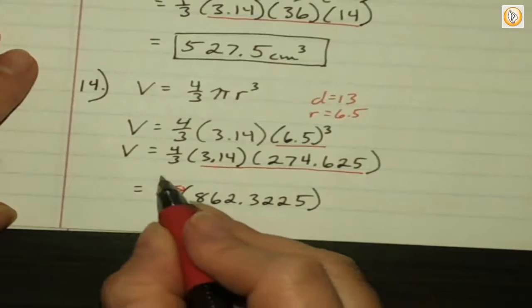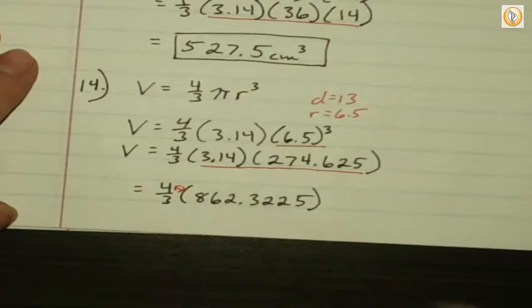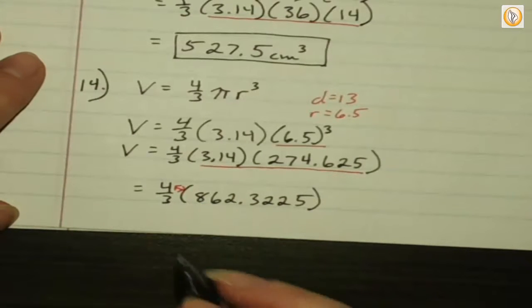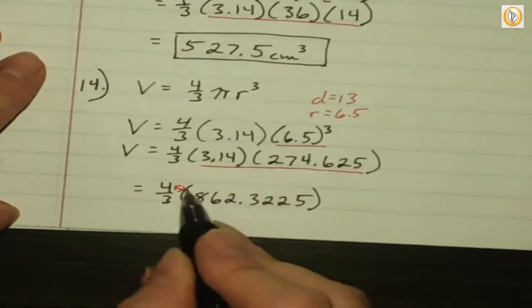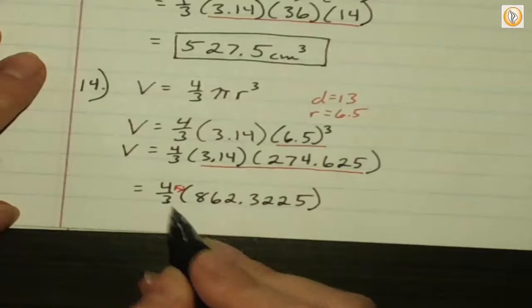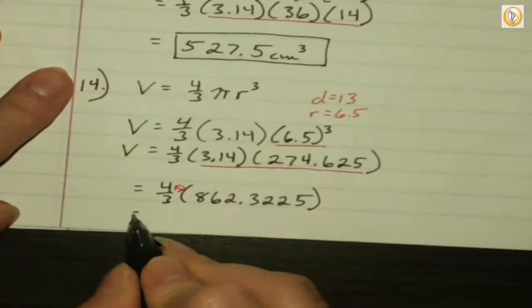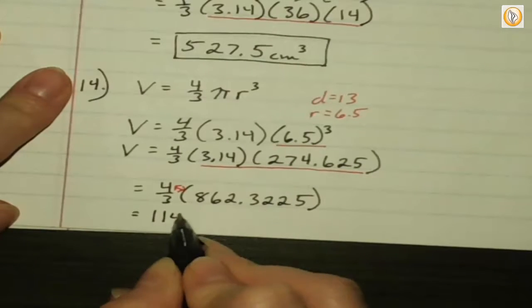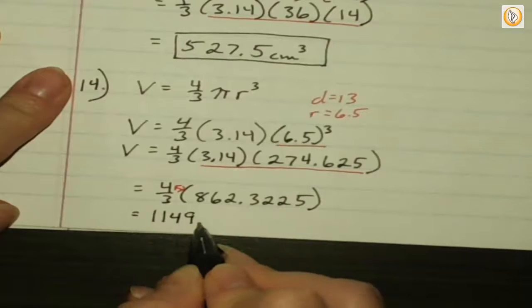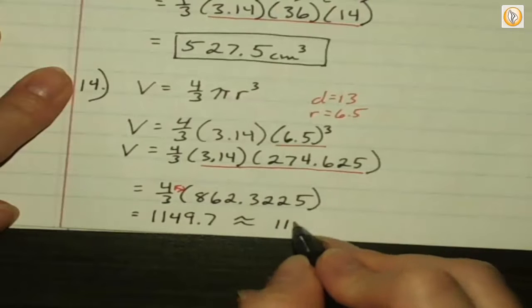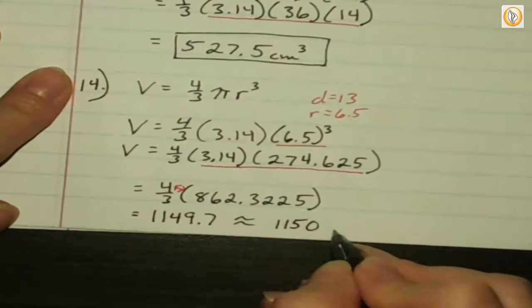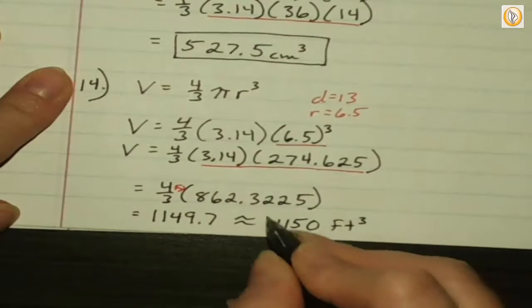Does everyone see that? You multiply by the 4 and then divide by 3. That's an arrow. I'm showing arrow. And you get 1149.7. They said to round to the nearest whole. So 1150 feet cubed.